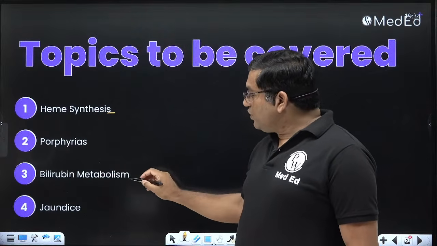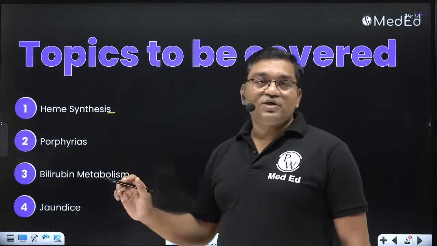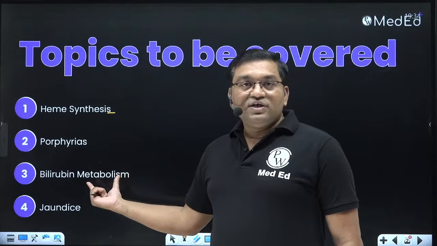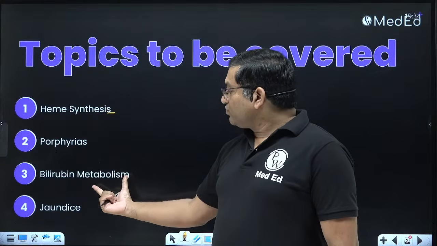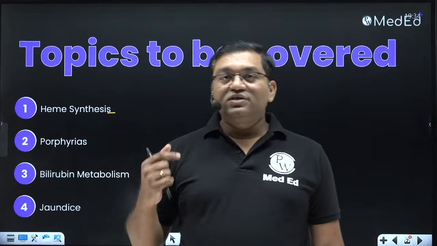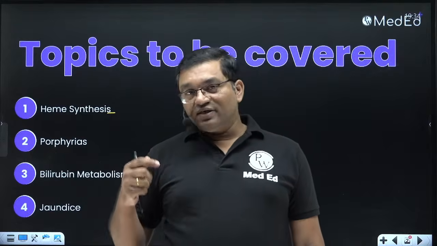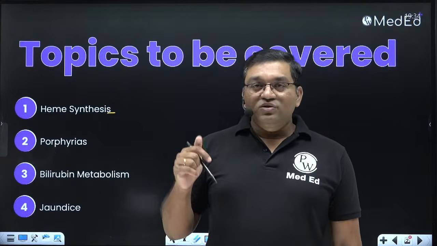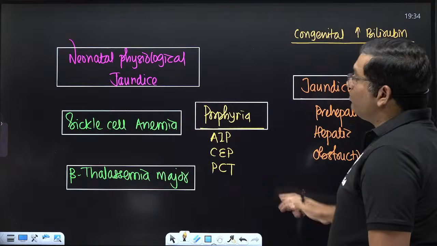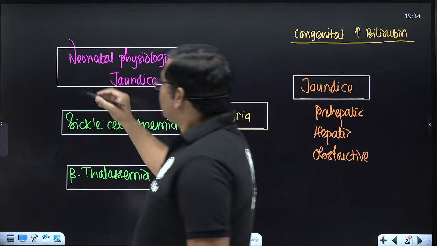We'll discuss bilirubin metabolism, which is even more important than the heme synthesis pathway because it is connected with jaundice. So we'll discuss the different types of jaundice, sickle cell anemia, thalassemia, and the different types of hemoglobin. These are the topics of discussion today, and in the discussion we'll discuss the important clinical cases. So this is a top priority.